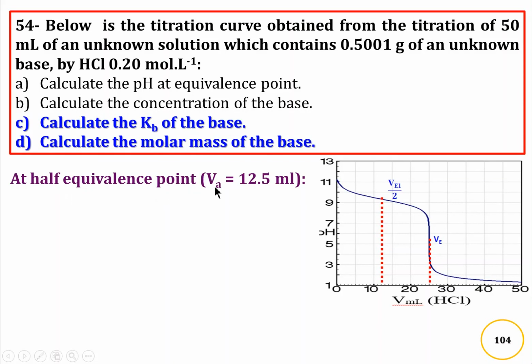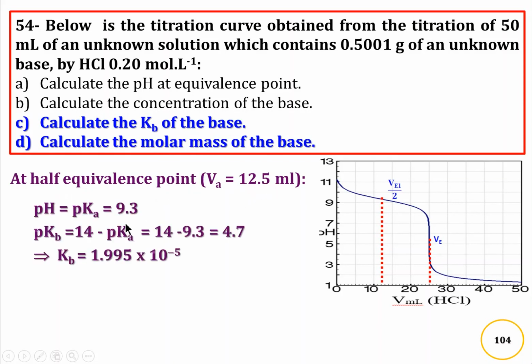So at half equivalence point, Va equals 12.5 milliliters, we have pH equals pKa equals 9.3, and we know that pKa plus pKb equals pKw, so pKb equals 4.7, and therefore Kb equals 1.995 times 10 to the power minus 5.